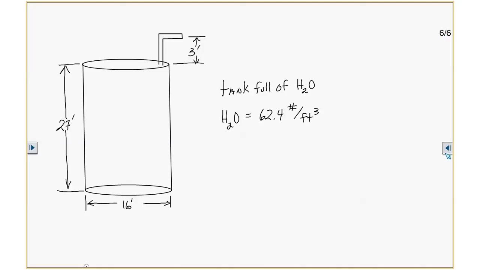So the integral is going to be from 0 to 27, because that's where the liquid moves in the tank. Remember, your integration, A to B, is going to be where your liquid moves. Liquid. Right? Not the distance. That's a common error that students make. They go 0 to 30. No. It's not right.